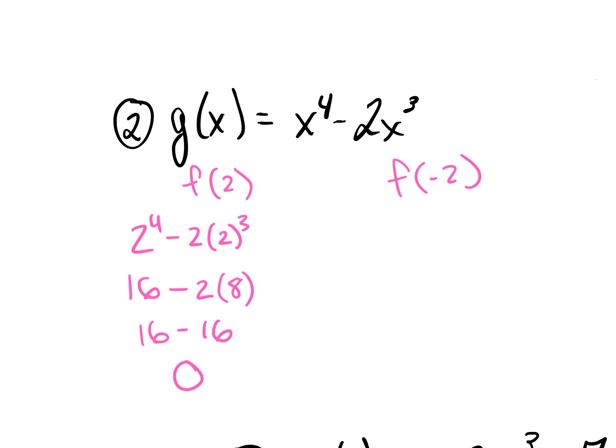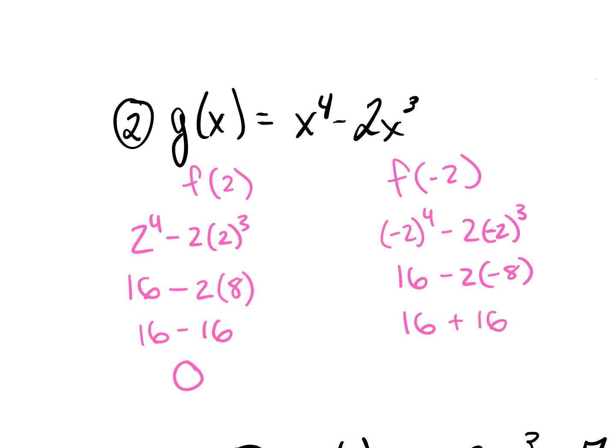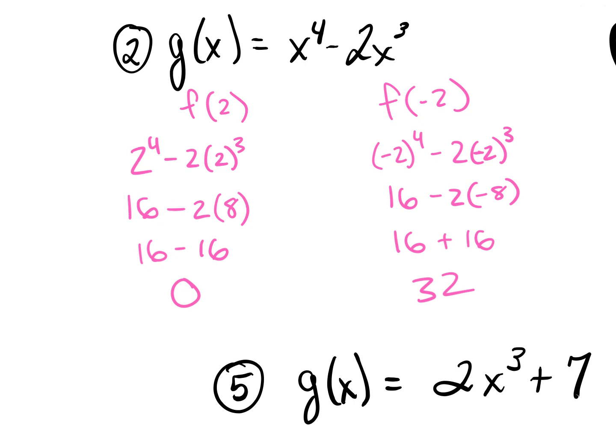Now when I plug in -2, I have -2 to the 4th power minus 2 times -2 cubed. So this would be +16 minus 2 times negative 8. So this would be 16 plus 16, which is 32. So since these are different numbers, this would be neither.